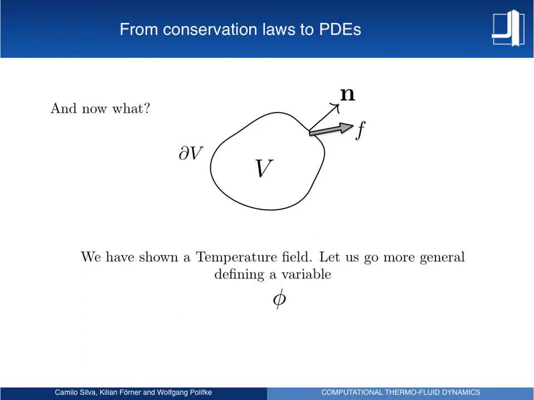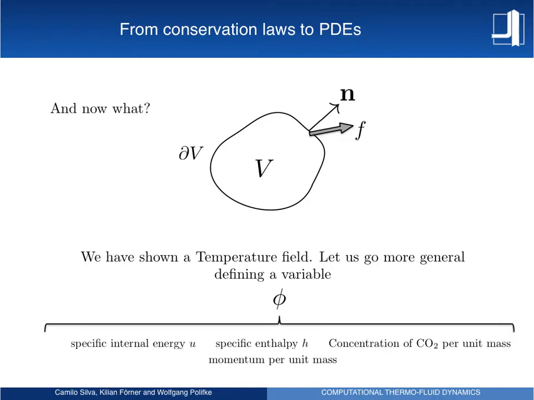Okay, now we have to zoom in to the control volume. When we have the volume, like this kind of shell surrounding the volume, we have the flux and the normal vector. So what are we trying to study? We can study any kind of variable that is associated with the concentration per unit mass of a conserved scalar.